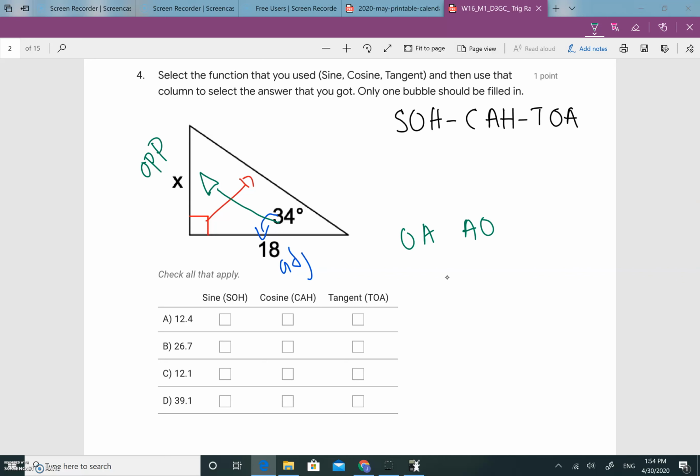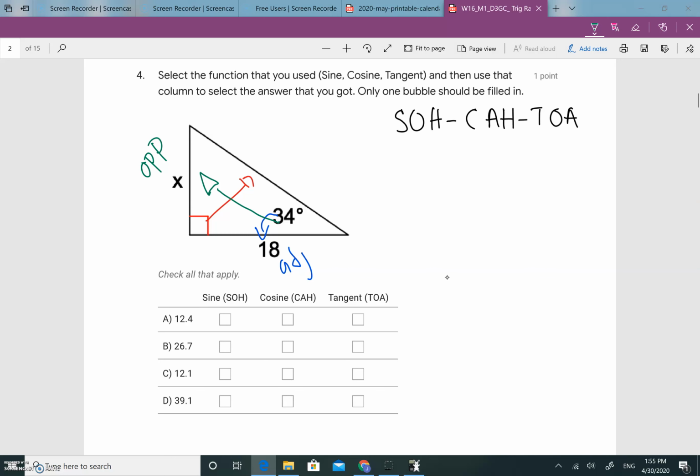Now in this case, which one has that? This one, no. How about this one? Does it have OA? No. So it's actually the third one, TOA. So it's tangent, the one that you have to use. And AO you're not going to use because it's not there. So the function that we have to use is tangent.